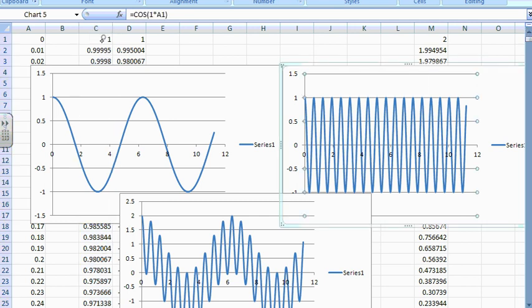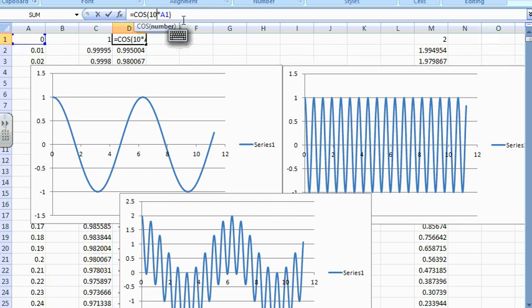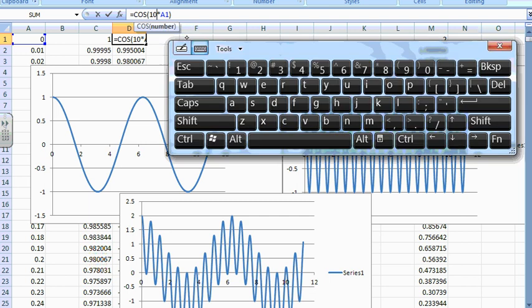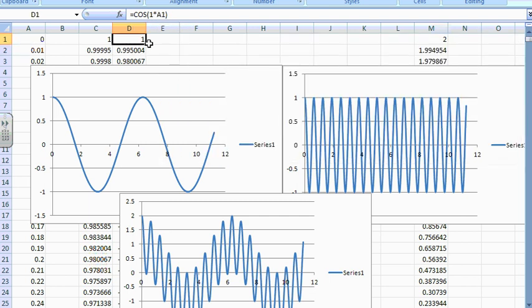Okay, so this is a graph of just cosine where omega is equal to 1, you get a shape like this. Let's first start out by making them exactly the same graph.